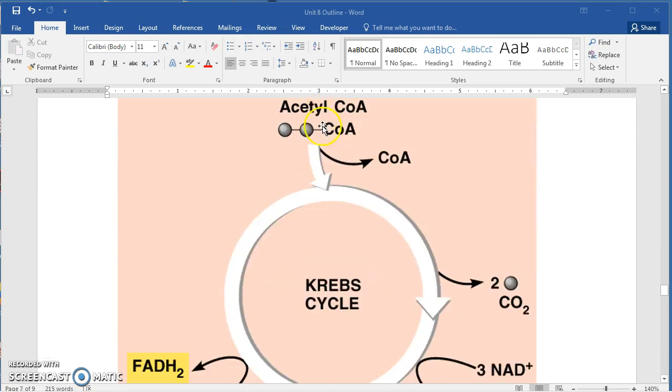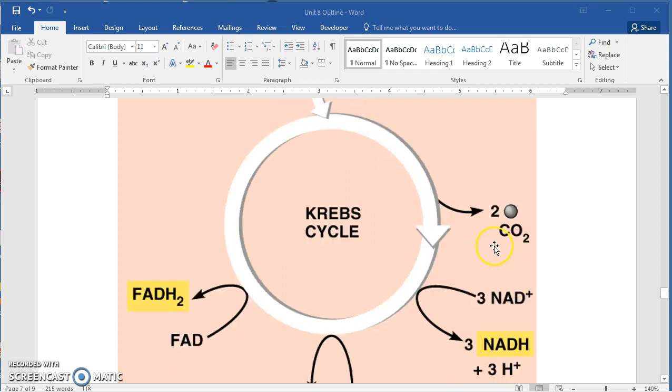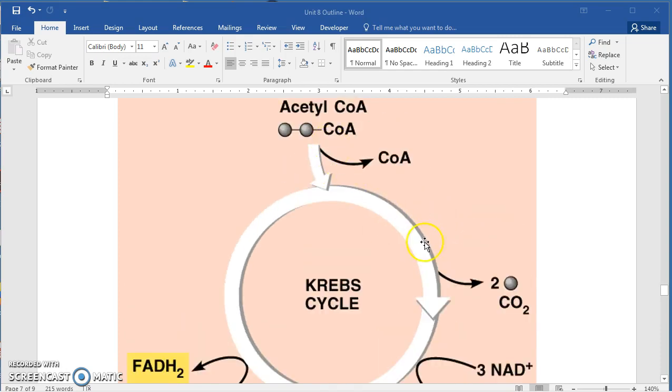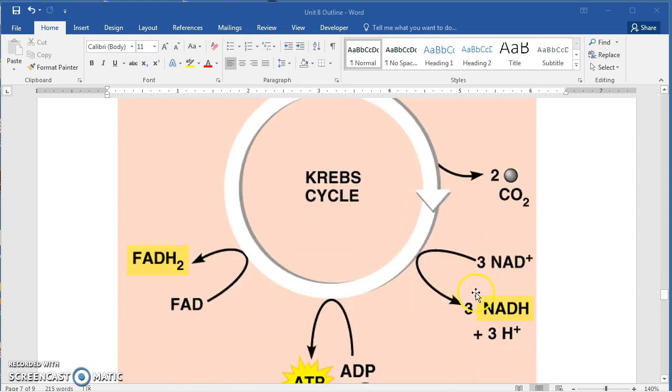The short of it is, acetyl coenzyme A goes in and joins with another chemical. A carbon's pulled off in the form of carbon dioxide. Eventually, 3 NADHs. Actually, I say 2.